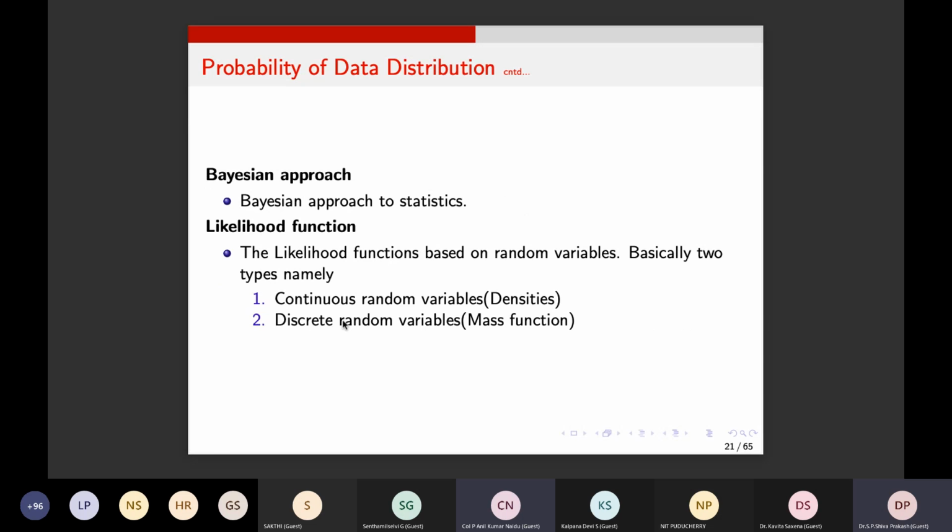this Bayesian approach is basically used for statistics, whereas the likelihood functions are based on the random variables. Again, it is for two types, continuous random variables and discrete random variables. And that's what we try to say, that the densities will be calculated and the mass functions will be calculated.